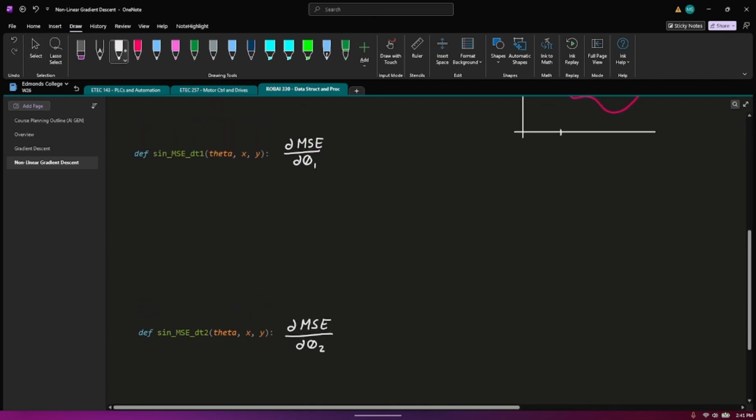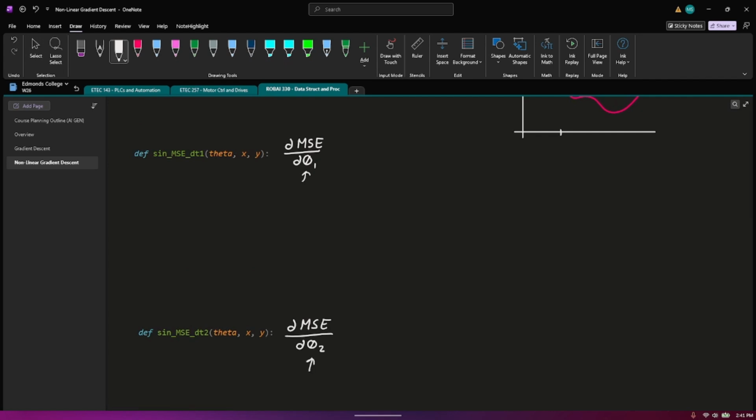So in this one, we're going to treat theta 1 as the variable we're deriving, and in this one, we're going to treat theta 2 as the variable we're deriving. In this case, theta 1 is just some constant. In this case, theta 2 is just some constant. All right? So let's go ahead and do that.